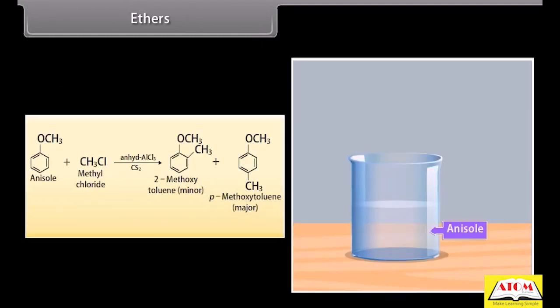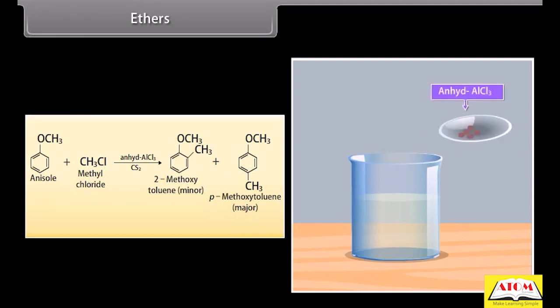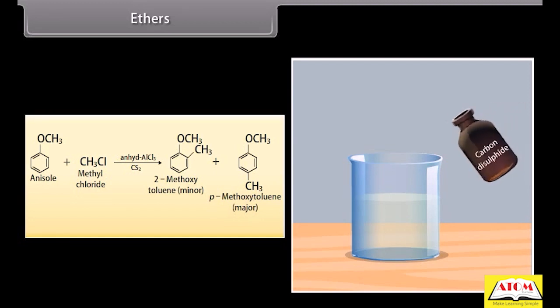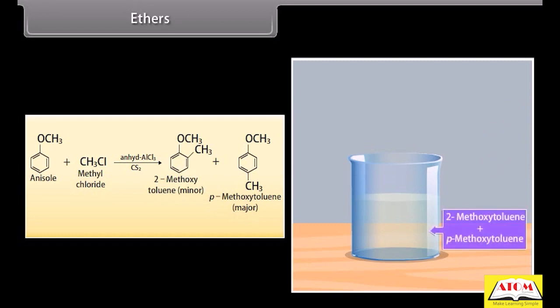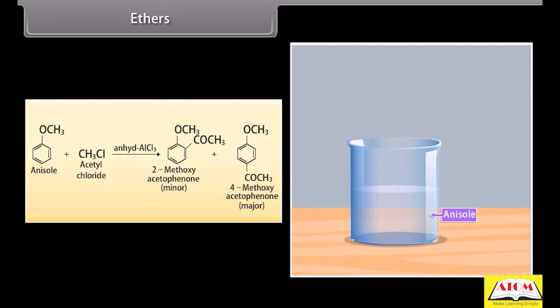Methyl chloride reacts with anisole in the presence of anhydrous aluminium chloride and carbon disulfide and forms 2-methoxytoluene and paramethoxytoluene. Acetyl chloride reacts with anisole in the presence of anhydrous aluminium chloride and forms 2-methoxyacetophenone and 4-methoxyacetophenone.